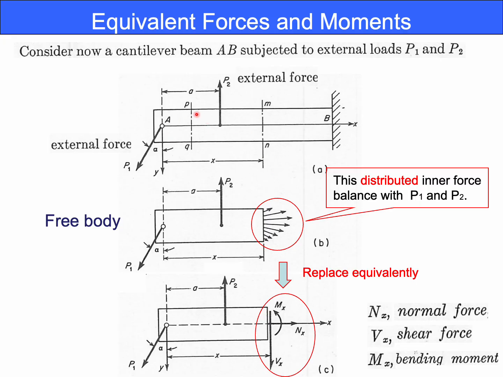So if you have multiple concentrated external loads applied in the span of the beam, you have to consider several. You have to divide the interval, the bar length, into several intervals to consider these forces.